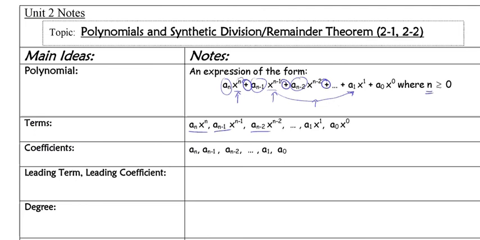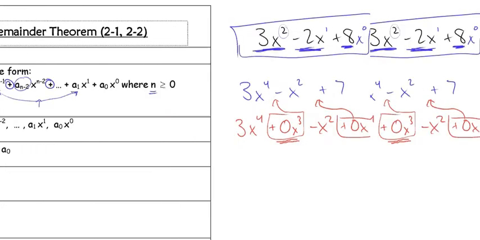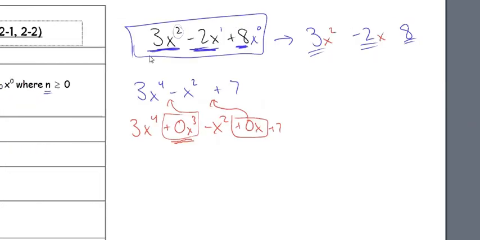That's going to be whatever one is the first when they're in their sequential descending order. So here's our leading term on this one here, 3x squared. It's higher than x to the first, it's higher than x to the 0.